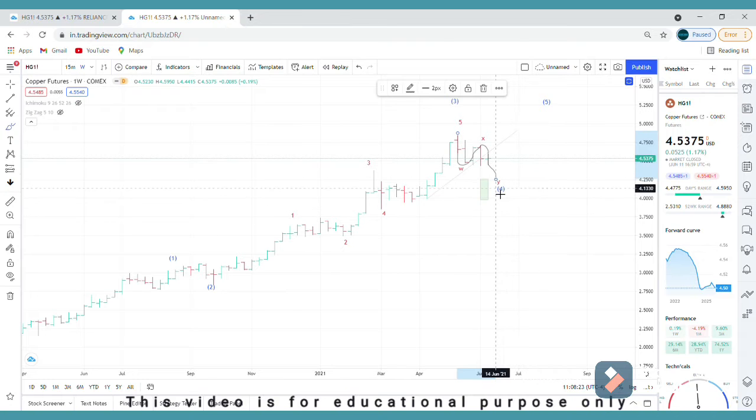Why particularly this level? One is this corrective wave we are expecting to close at this level. Why at this level? I'll tell you.